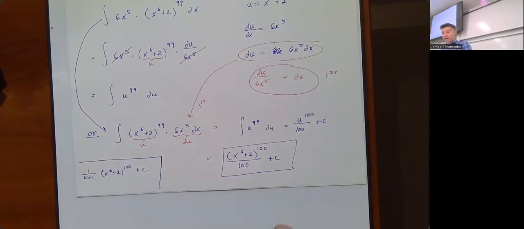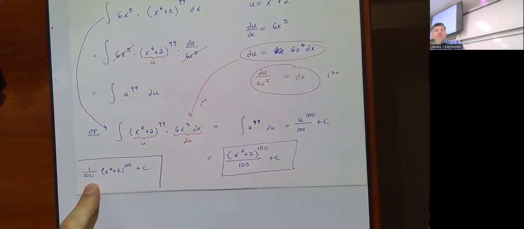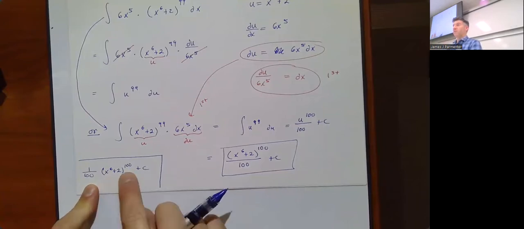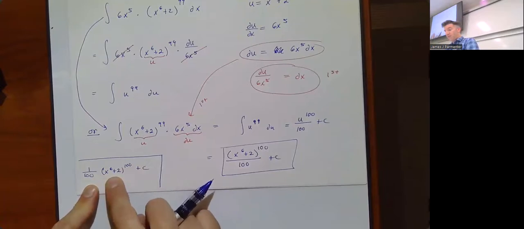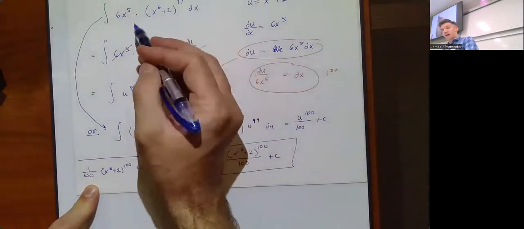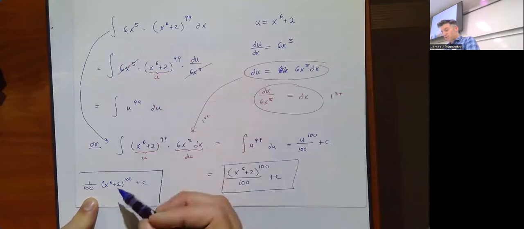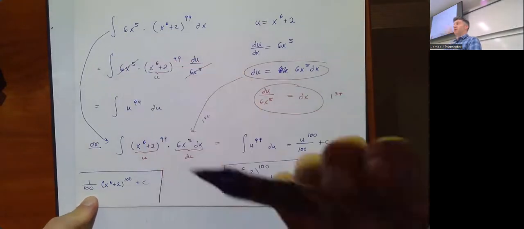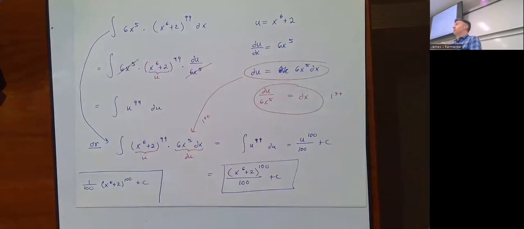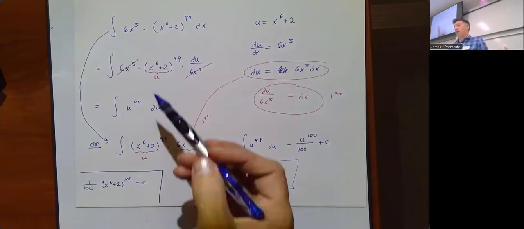If I was differentiating that, the constant multiple of 1/100 stays out in front, and the derivative of some stuff to the 100th power is 100, those are going to cancel, times the stuff to the 99th, well, great, there's that, times the derivative of our stuff, which is 6x to the fifth. Oh, great, there's that. So we literally really are undoing the chain rule. We're trying to find the function that if you take its derivative and have to use the chain rule when you do it, you get back this.